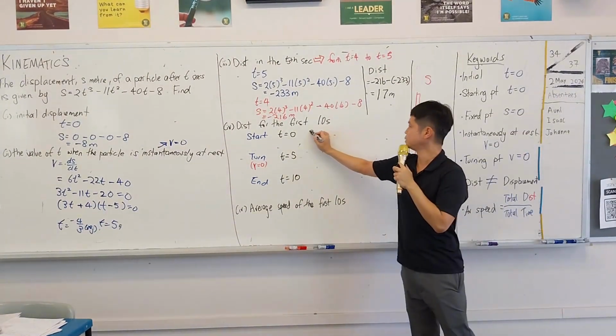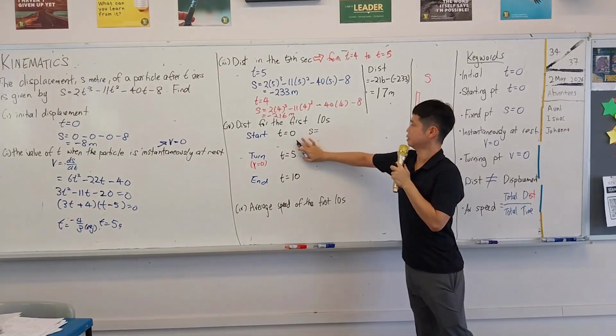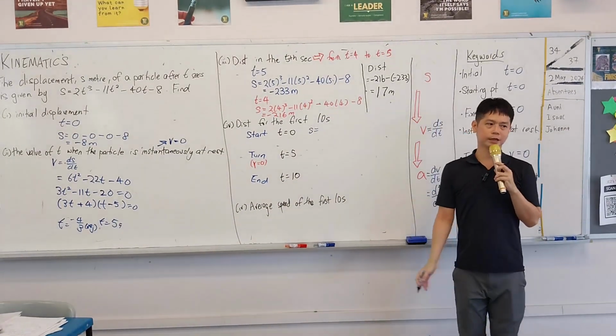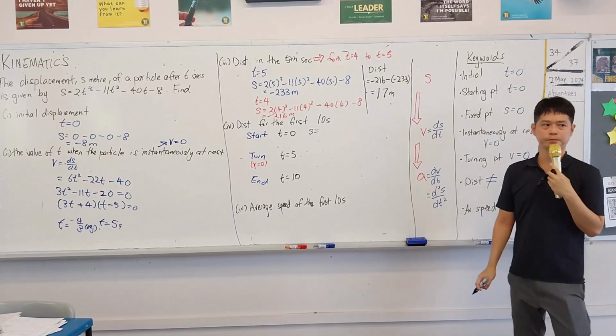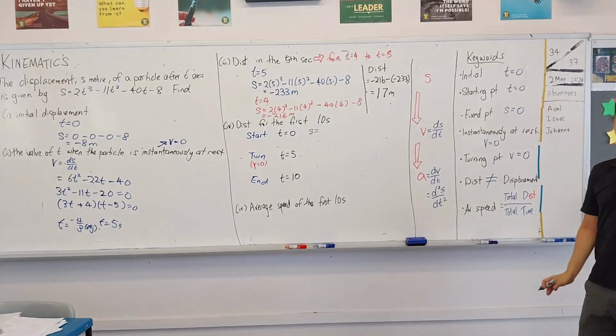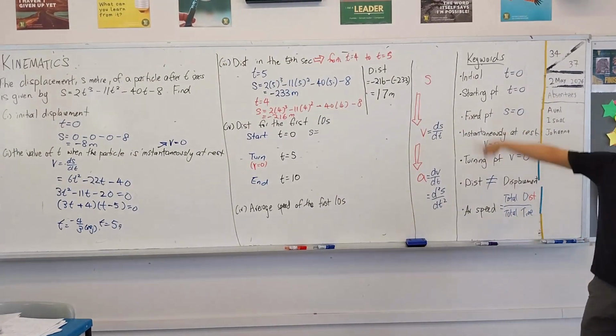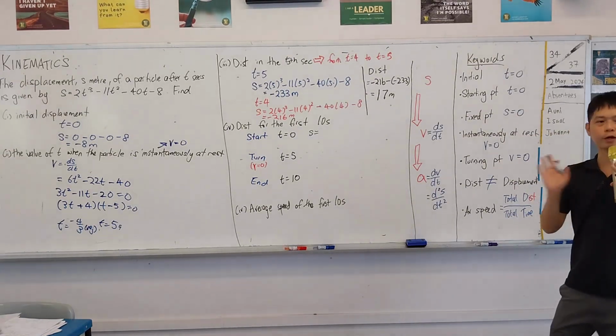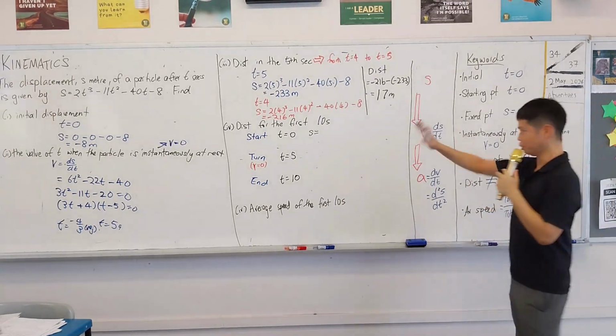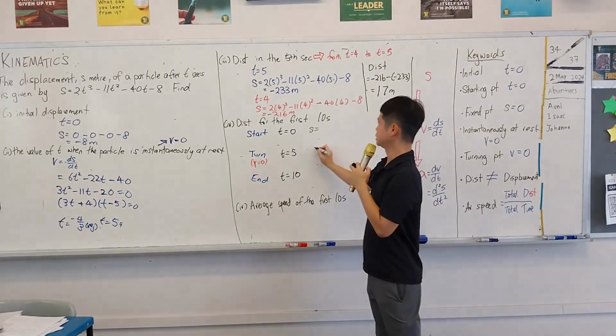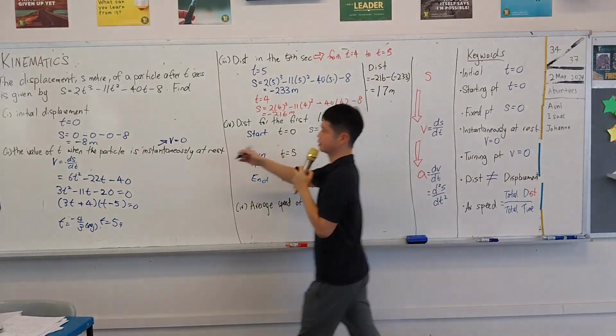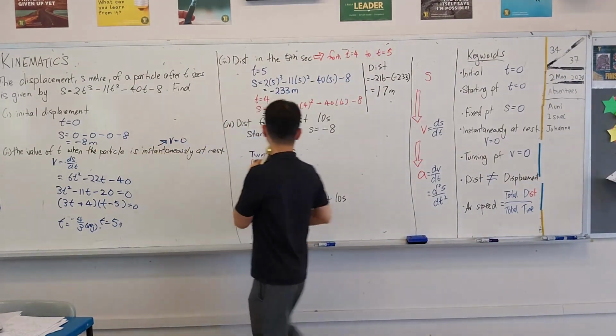So I need to find the displacement when the time is 0. What's the displacement? I should have found most of them here already. Yes. So please don't go and redo everything again. You're wasting your time. Go and look at the previous parts. You notice that it's negative 8.